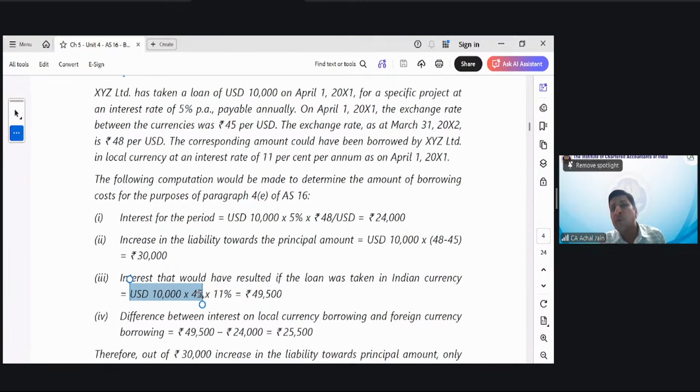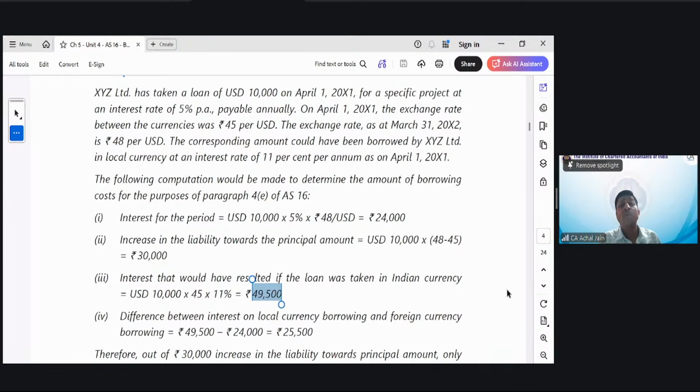This would have been the amount of loan on which 11% would have been paid. So that means instead of 24,000, the amount of interest would have been 49,500. But is this the actual interest? Answer is no. Now, please remember, this is not the actual interest. We are just trying to check what would have been the amount of interest if the loan was taken in INR.